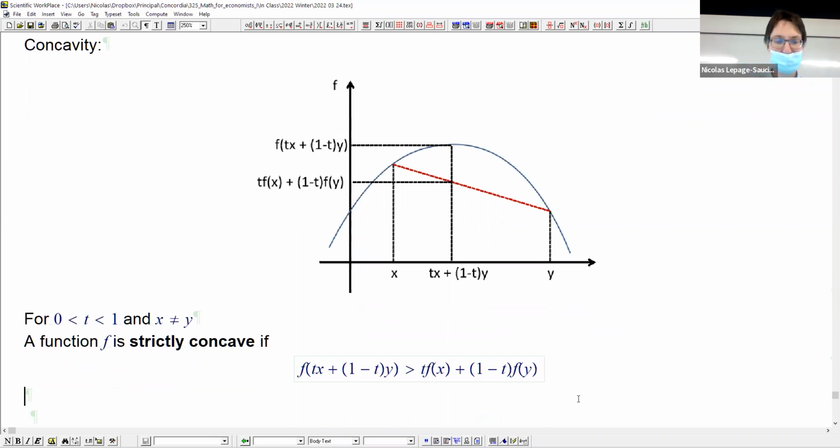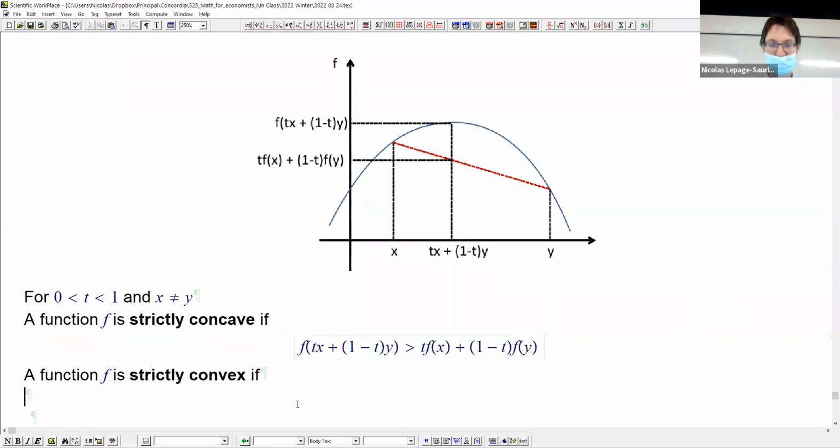And then, of course, I can have the opposite. So also, a function is strictly convex if, rather than being greater, it is smaller.